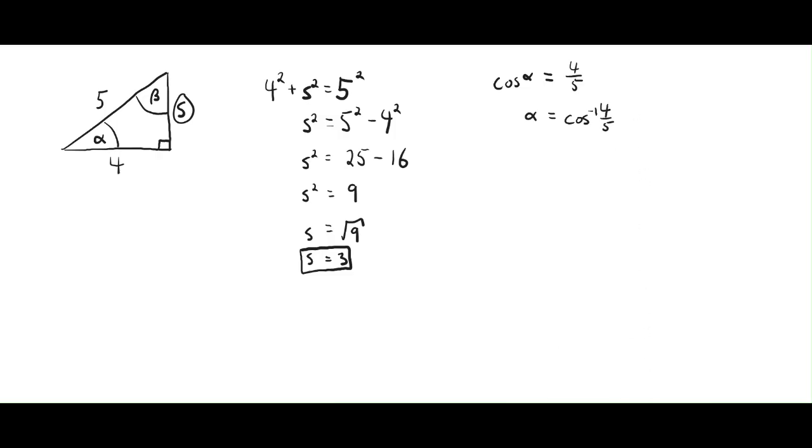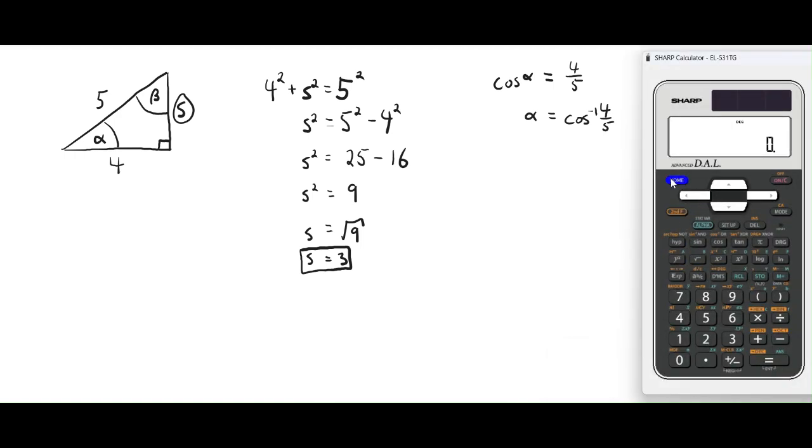Let's just do that on a calculator to see how it's done. So we find, you see that orange text? I'm going to access that by pressing the second function button. And now when I press this button, you'll see that shows up as the inverse cosine. That -1 superscript implies that it's the inverse cosine. And in the inverse cosine is where you put the ratio between the two side lengths.